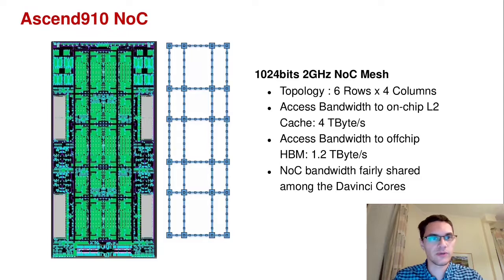The network on chip is organized as a mesh with 6 rows and 4 columns. The bandwidth to the on-chip L2 buffer is 4 terabytes per second, and the bandwidth to off-chip HBM is 1.2 terabytes per second.